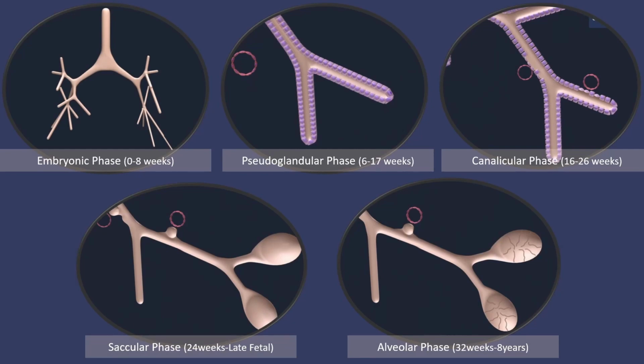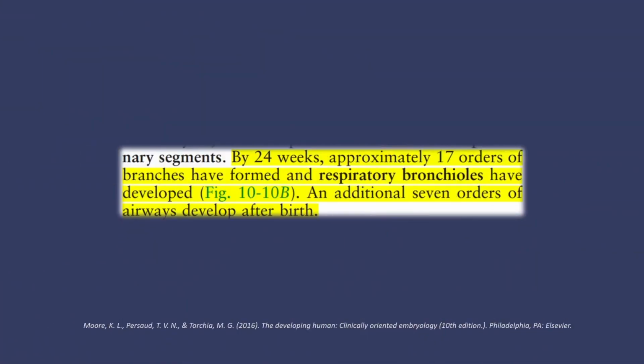Before I conclude this lecture, let me tell you something that really angers me. Here is a text from a very famous, very authoritative textbook of embryology, and it states that by the 24th week, approximately 17 orders of branches have formed and respiratory bronchioles have developed.